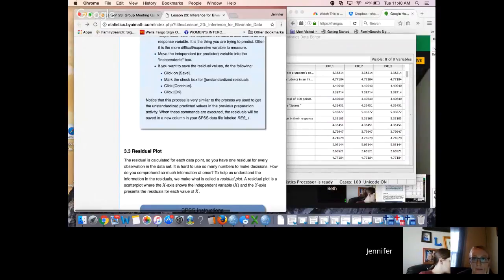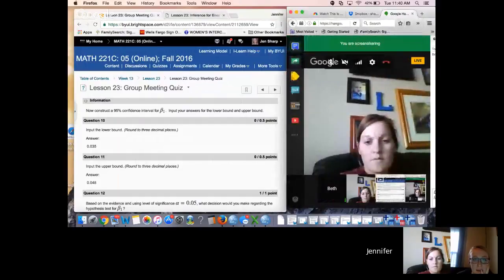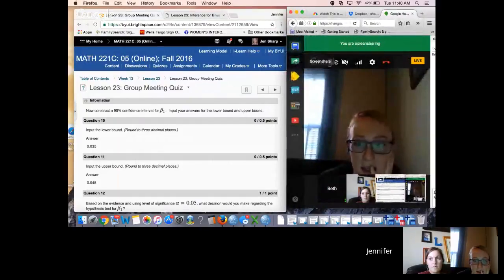I'm gonna probably have to have a tutor session with my husband over these because I think I get it, and then I do this and I apparently don't. Okay, then your lower bound is going to be 10.674. Your upper bound is going to be 14.715.